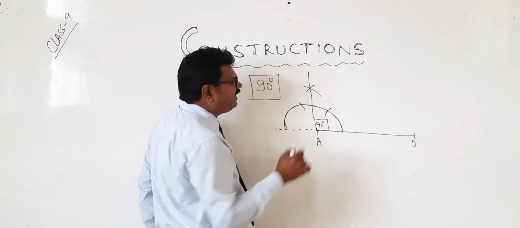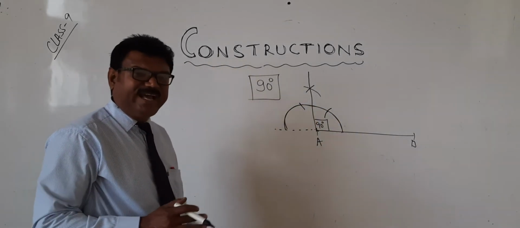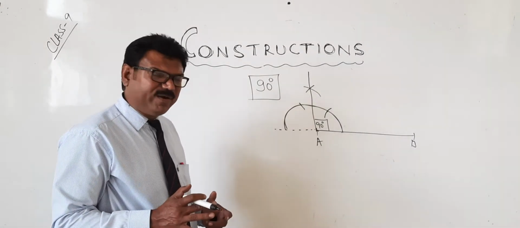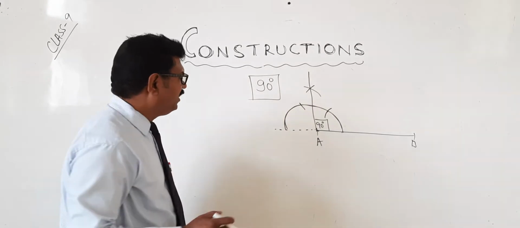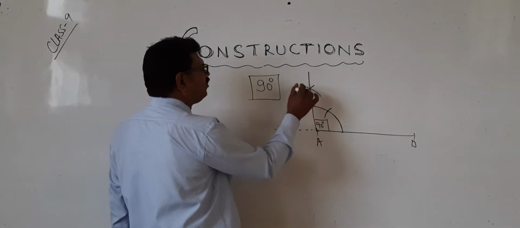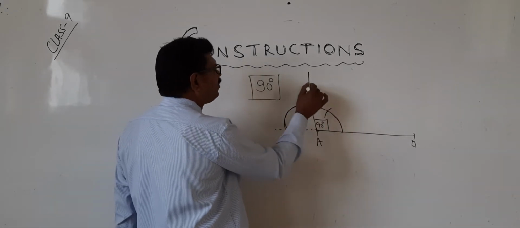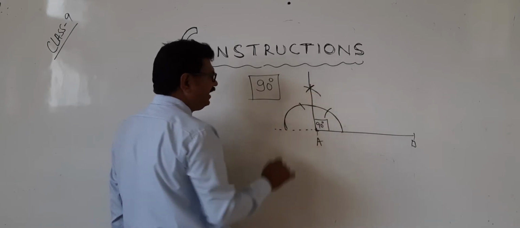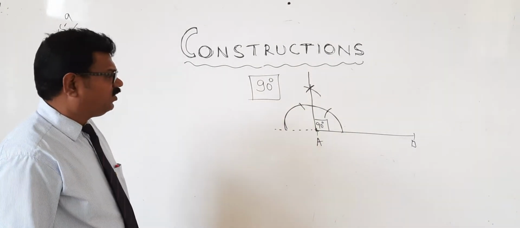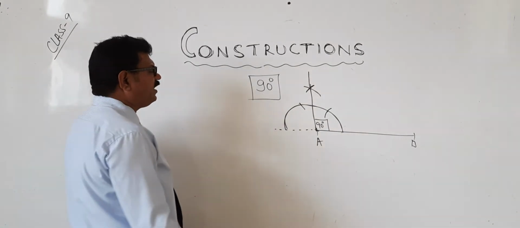That means 3 equal parts. 180 has been made into 3 equal parts, meaning all will be 60 degrees, 60 degrees, 60 degrees. Now again from here draw one arc, from here cut the arc, and when you join, this is nothing but 90 degrees. Okay? You can verify by yourself.